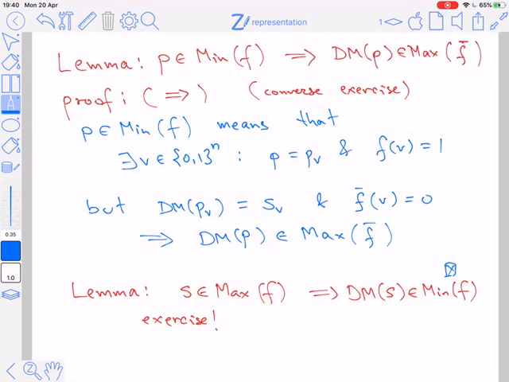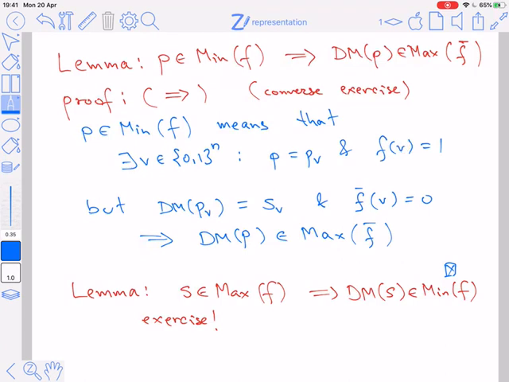So let me prove that if P is a minterm of f, then the DeMorgan dual of P is a max term of the negation of f. Okay? So if P is a minterm of f, it means that there exists a binary string V such that P is the product P_V and V is a preimage of 1. So f of V equals 1.